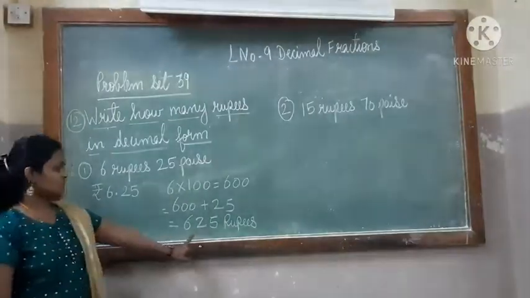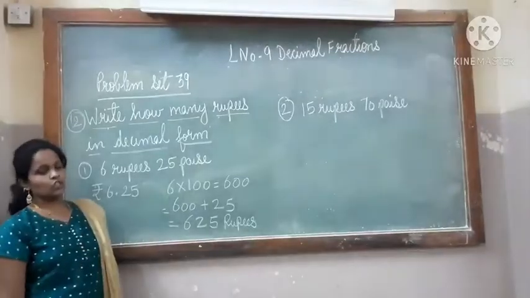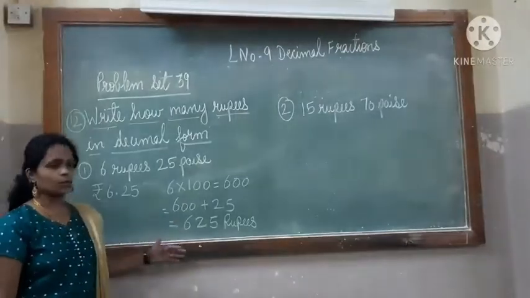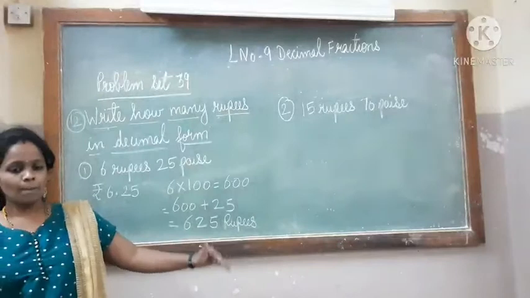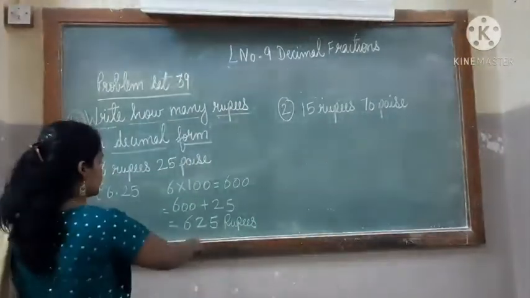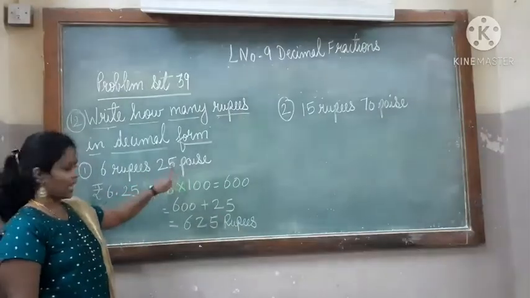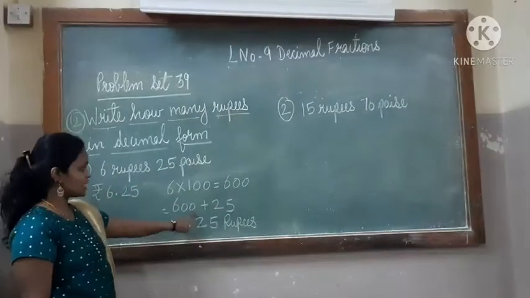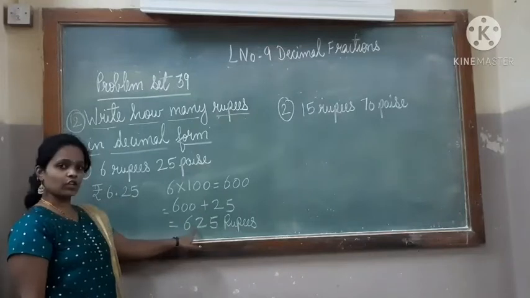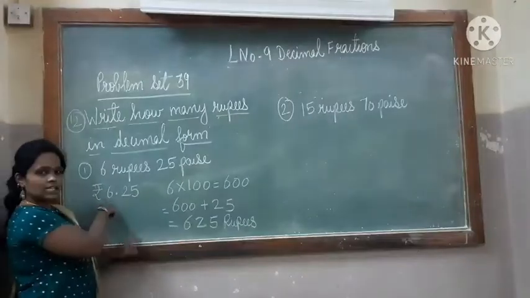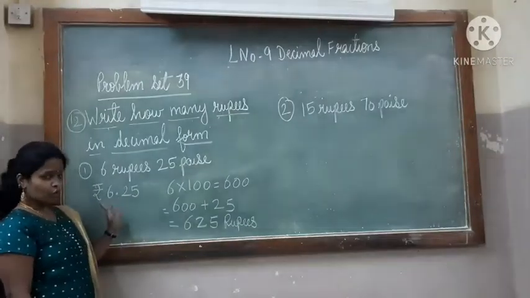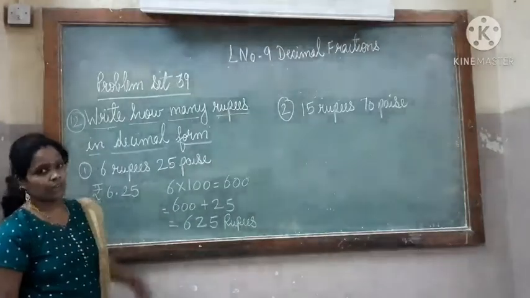So that's how I wrote it as 625. So how will you tell? You will tell it as 6 rupees 25 paise. So if I want to write, I can write here 6 rupees 25 paise, and I have put the decimal point here because 600 plus 25, I got 625. So I got the answer 6.25.